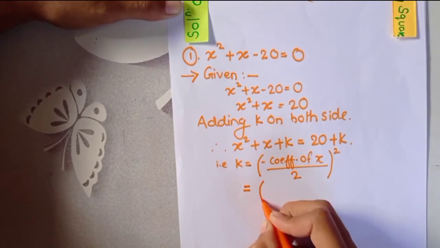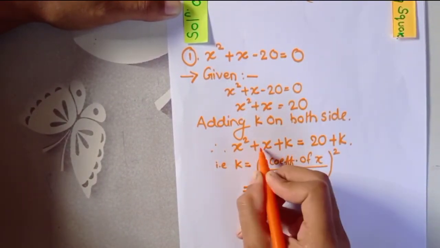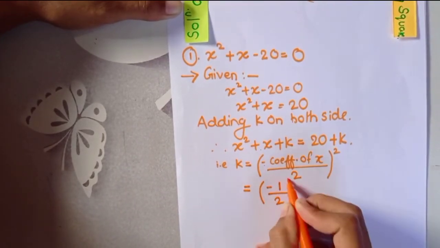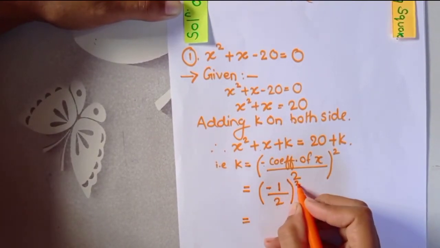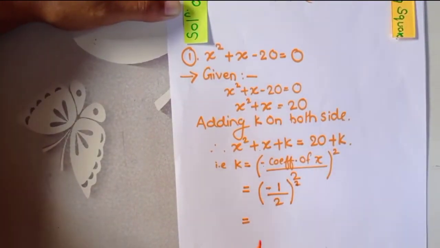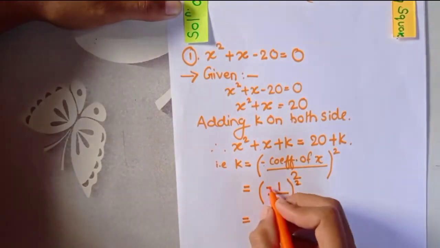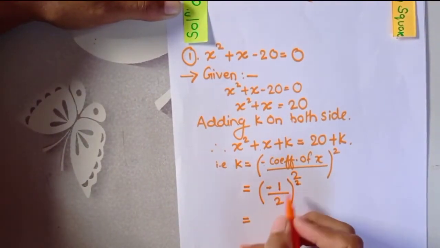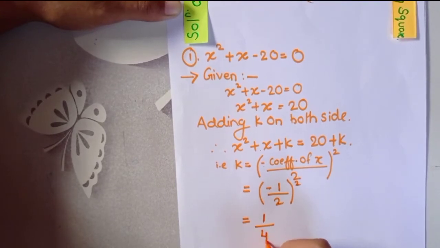Here, minus, as it is, we keep the coefficient of x in this equation. The coefficient of x is 1, by 2, whole square, which is equal to minus 1, whole square. Here many students are going to make the mistake that minus 1 square will be minus 1. No, minus 1 into minus 1, the value will be 1, and 2 square is 4.